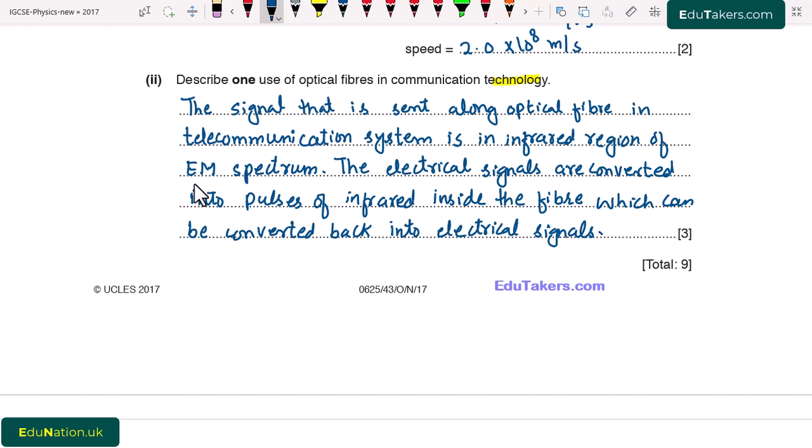So in this way, we can use optical fiber in telecommunication system.